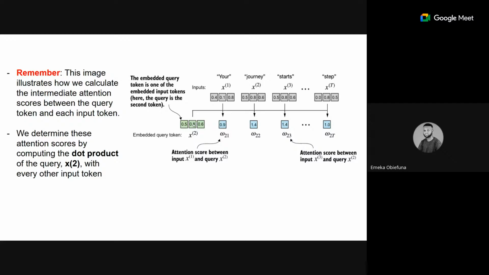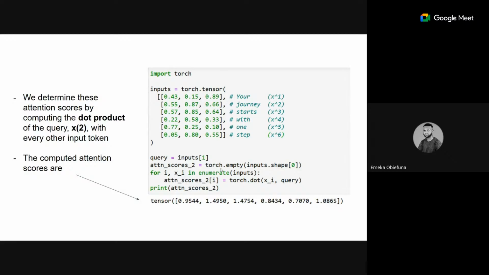So for us to be able to compute this attention score, we need to perform dot product. This is an overview of how to do it. It's not exactly something that is overly complicated.